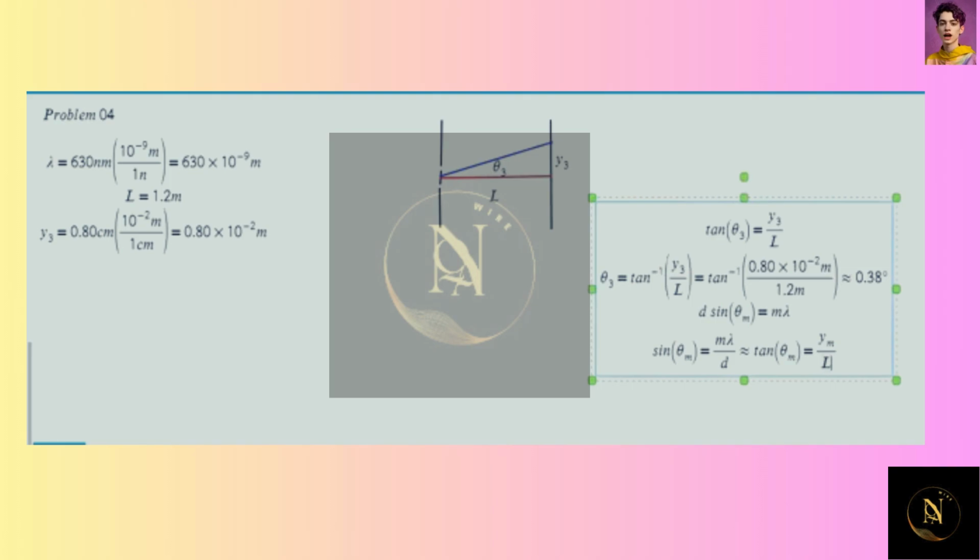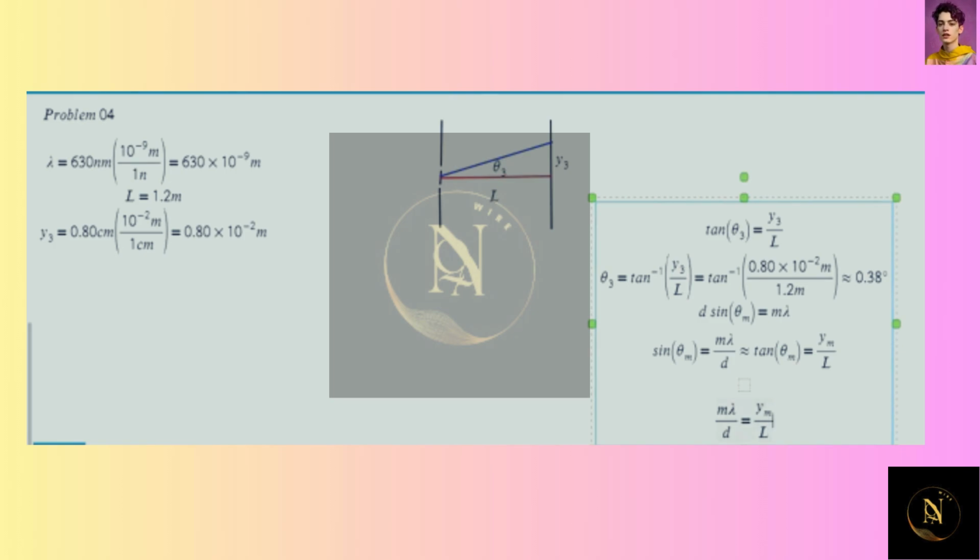So then we can set those two things equal to one another. So we could get rid of the trigonometric functions here, and we could just set m lambda over d approximately equal to ym over L. Again, this is only valid for small angle approximations. Here, this is satisfied because our theta 3 is 0.38 degrees. So we can solve this equation for d.